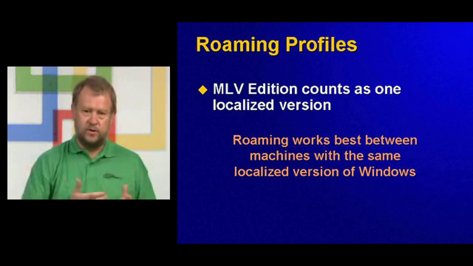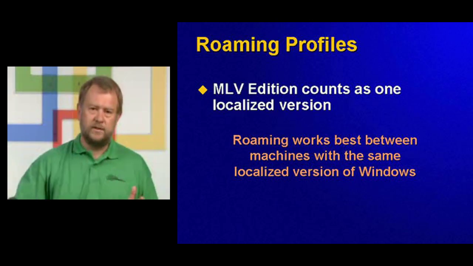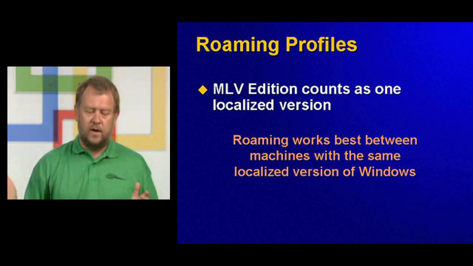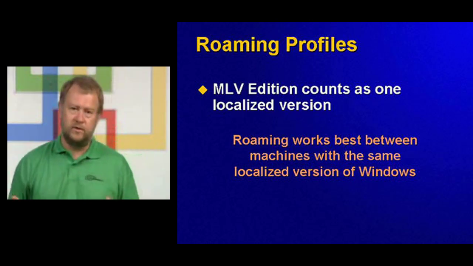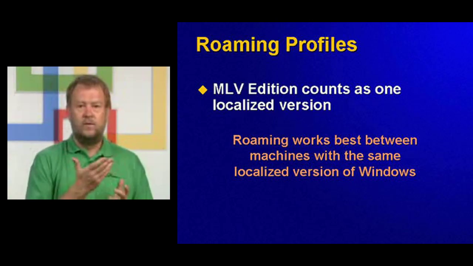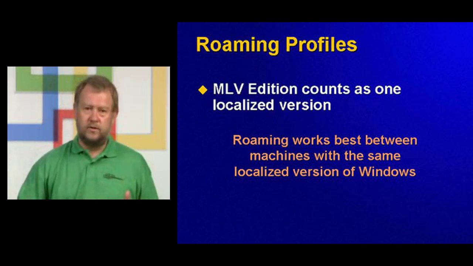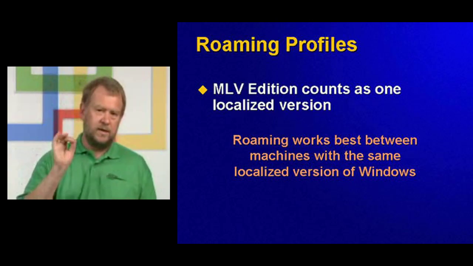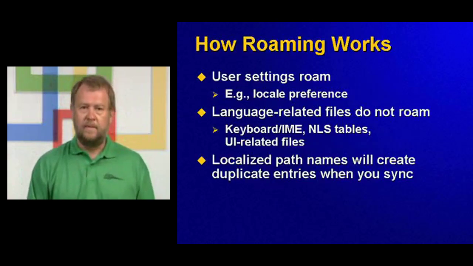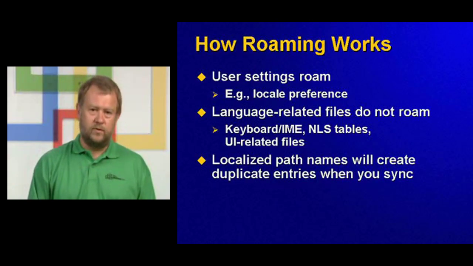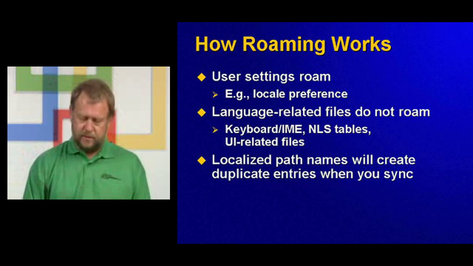You can generally roam your profile quite easily within a localized version. Well, the nice thing about the multi-language version is that it counts as one localized version. So it's easy to roam from one MLV version to another MLV version. Again, but it assumes that you've installed the language groups required on both of the systems.